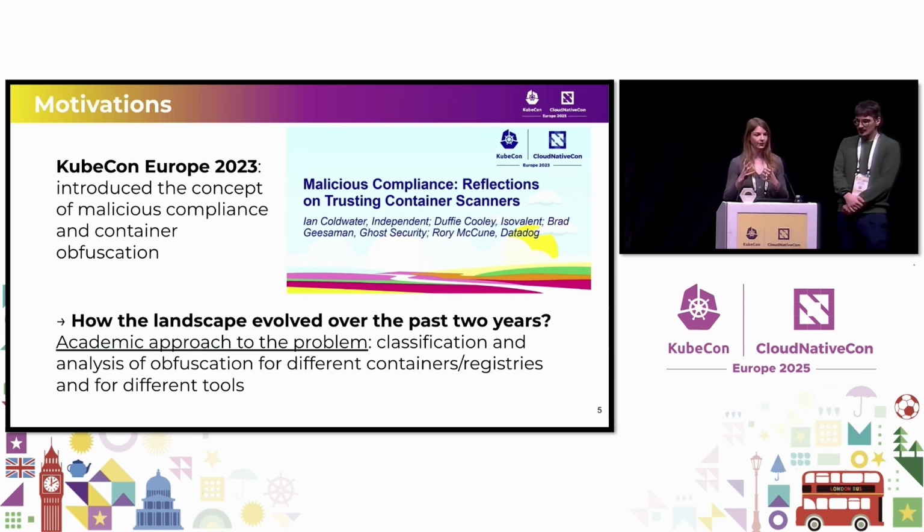So they actually fooled the container vulnerability scanners, which are in charge of detecting packages and vulnerabilities in the container image. In this work, we wanted to analyze how the landscape evolved over the past 2 years, and we proposed an academic approach to the problem that we will detail right after.